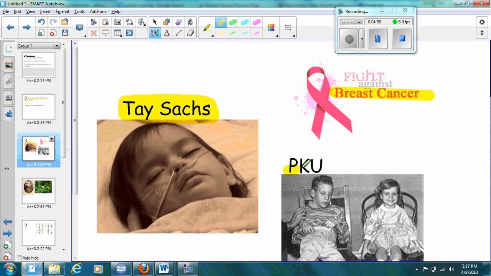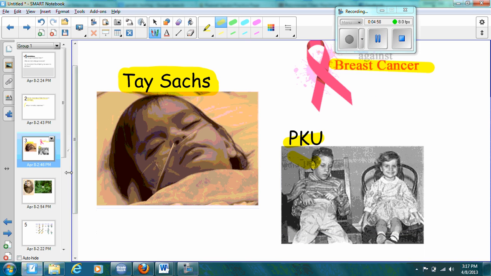Then there's something called PKU. So this boy on the left side over here, he has PKU. And what PKU is, it's a disease that results in mental retardation. And if you find out that you have it when you're a child, like in the first few months of birth through genetic testing, you actually can prevent it from happening.